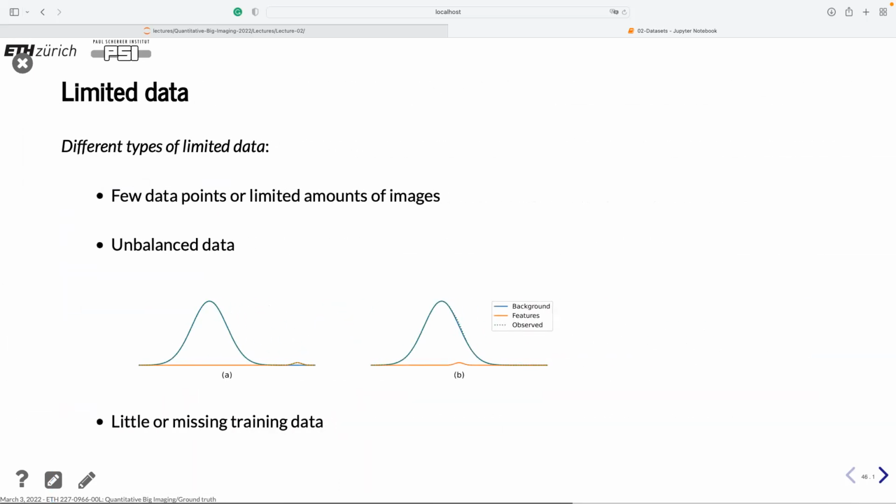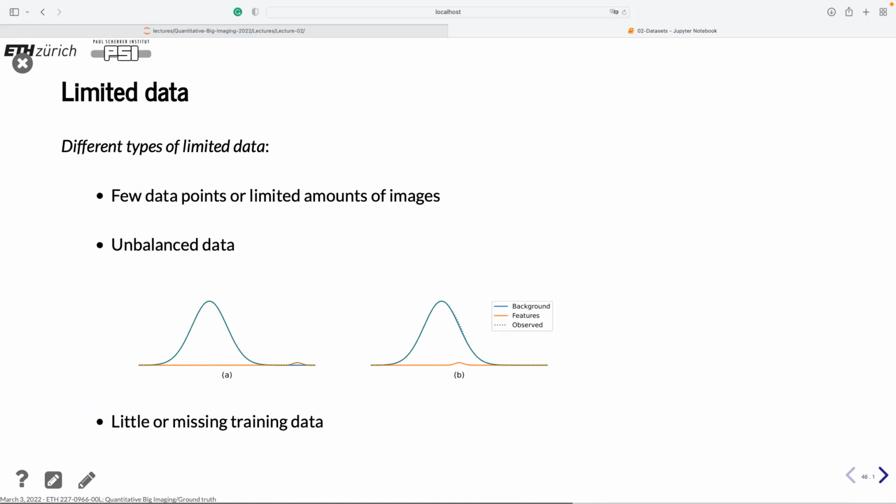And limited data, there are different types of limited data. One is that you just have too few data points. Another one is you have unbalanced data. So you have one class that is really widely represented and one class that you barely see. If they're well separated, that's no problem. You can easily separate them from each other.